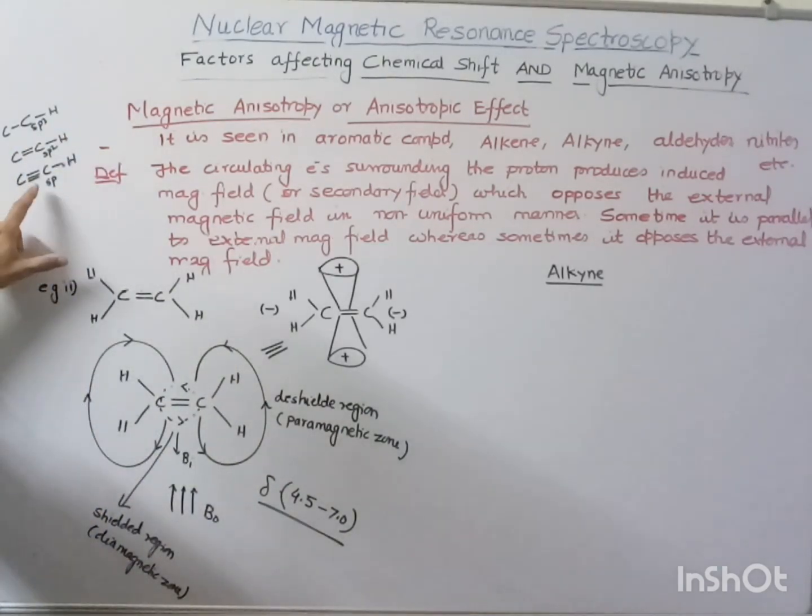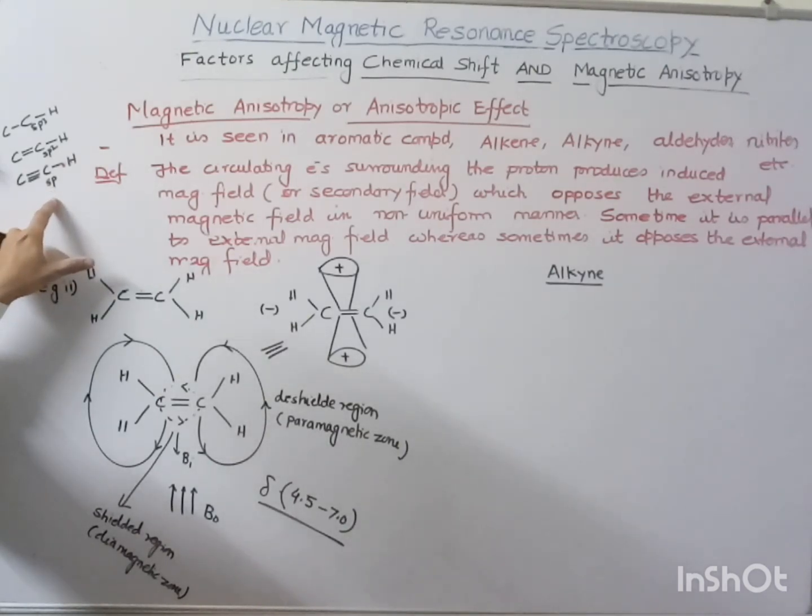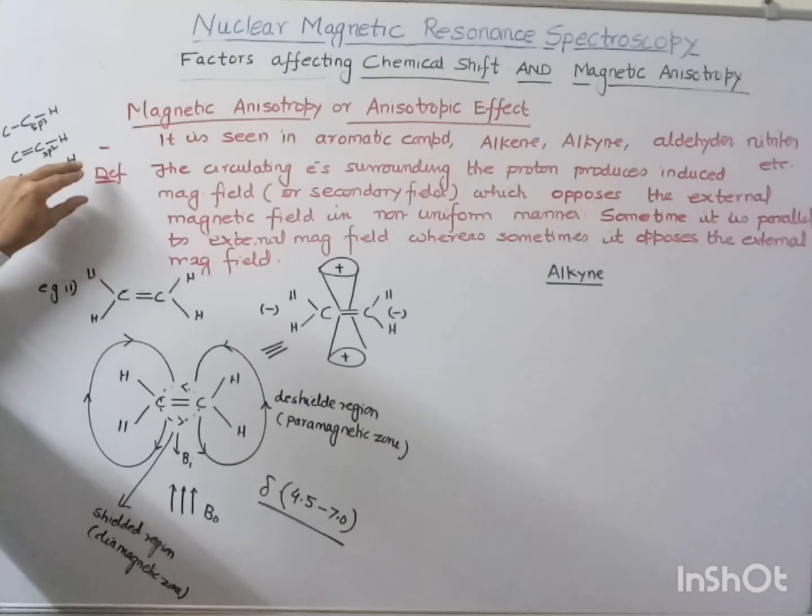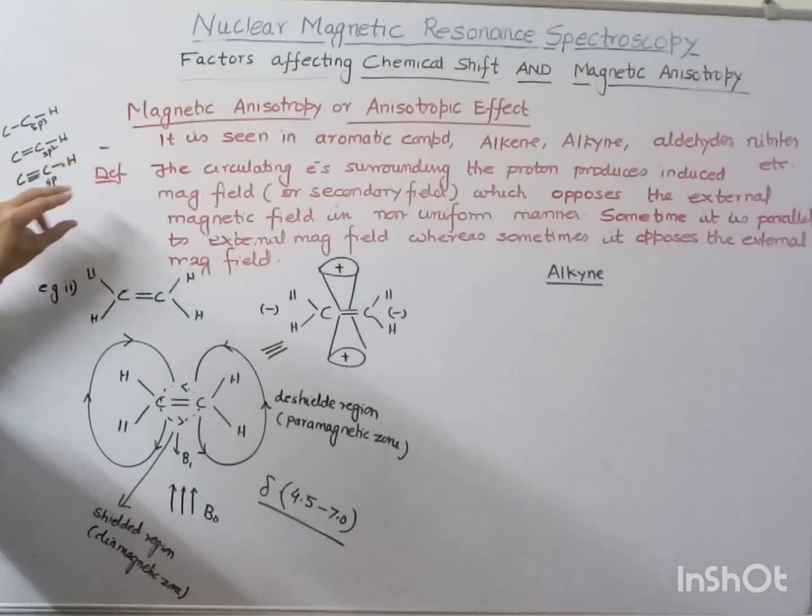So which is more electronegative? The sp hybridized carbon is more electronegative. If the sp hybridized carbon is more electronegative, then it should resonate at the highest. It will pull the electron density surrounding the proton towards itself more.